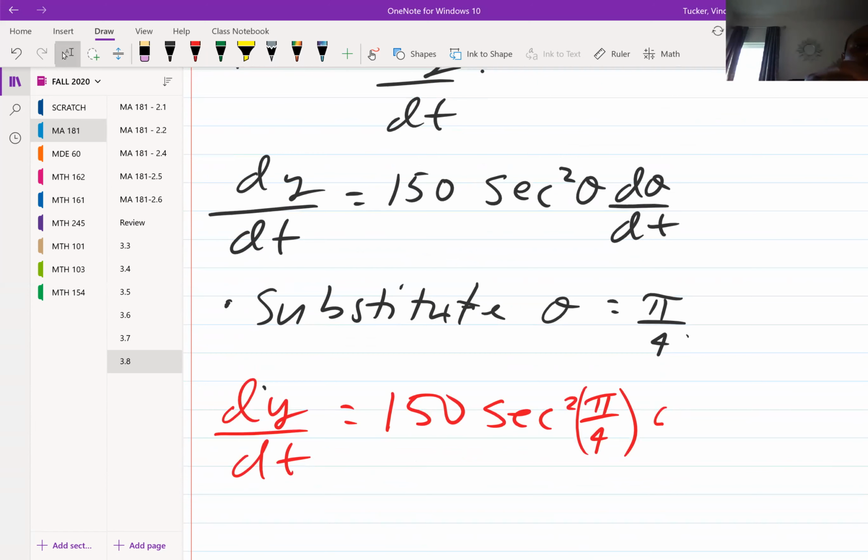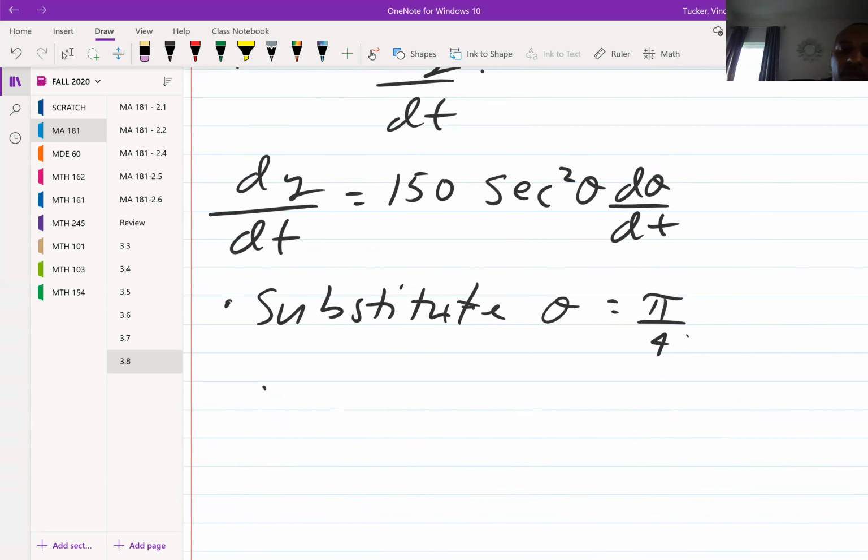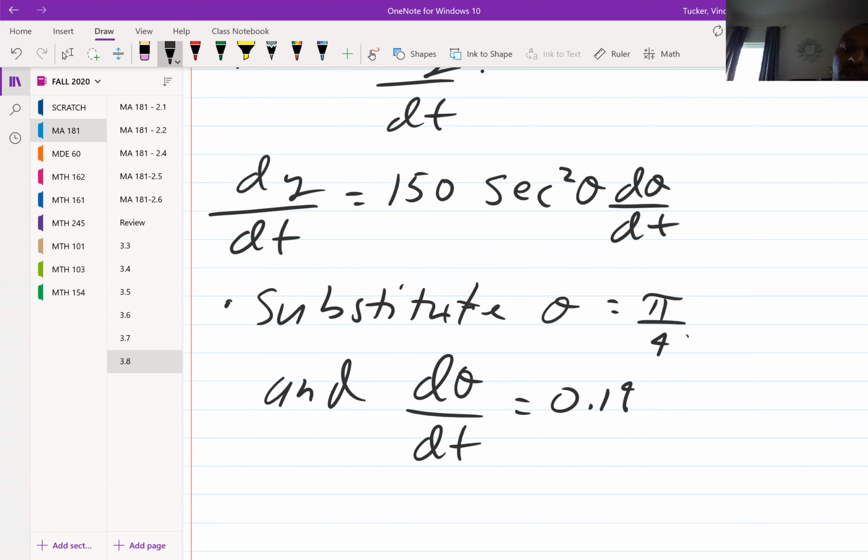So let me do this as far as notes is concerned. Substitute in theta equal to pi over 4 and d theta/dt equal to 0.14 radians per minute.